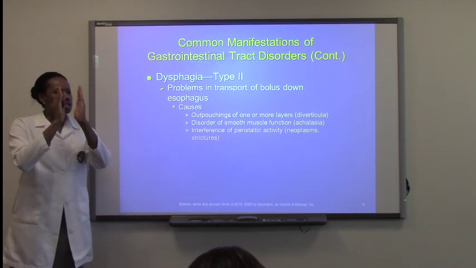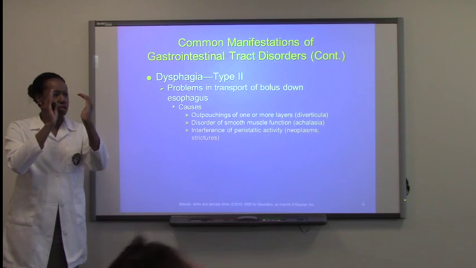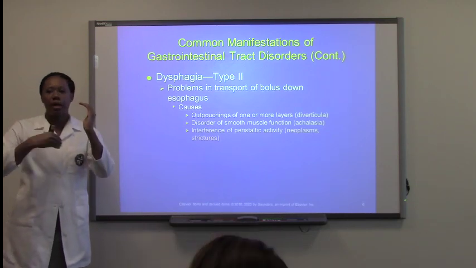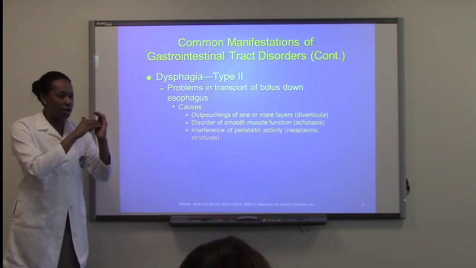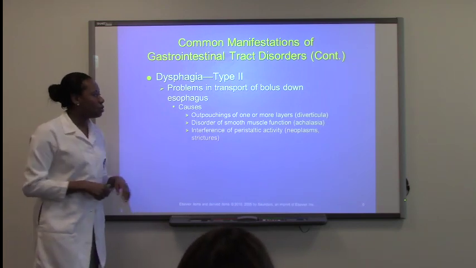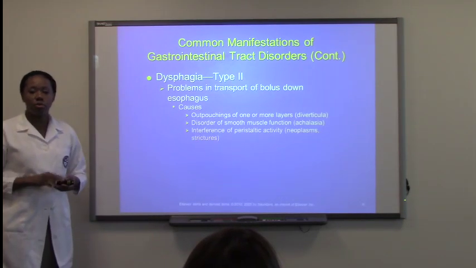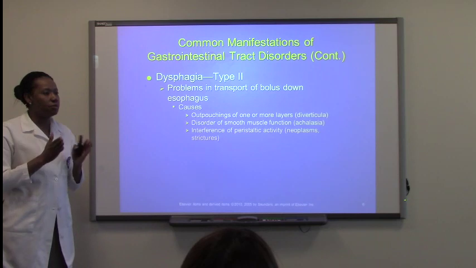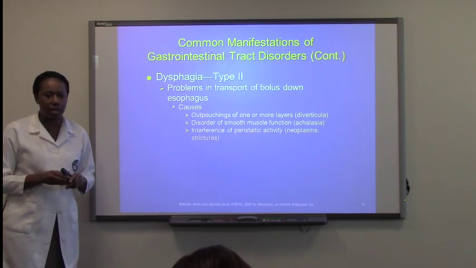Keep in mind that the GI wall, if for some reason it starts to weaken and causes like a pouching situation, as you can imagine, as you're eating food and food is moving down the GI tract, it could get stuck in that pouch, okay? So obviously that will cause an issue. Also, if there's a problem with the smooth muscle, if the smooth muscle is not moving properly as far as what we call segmentation, if you remember the process of segmentation.